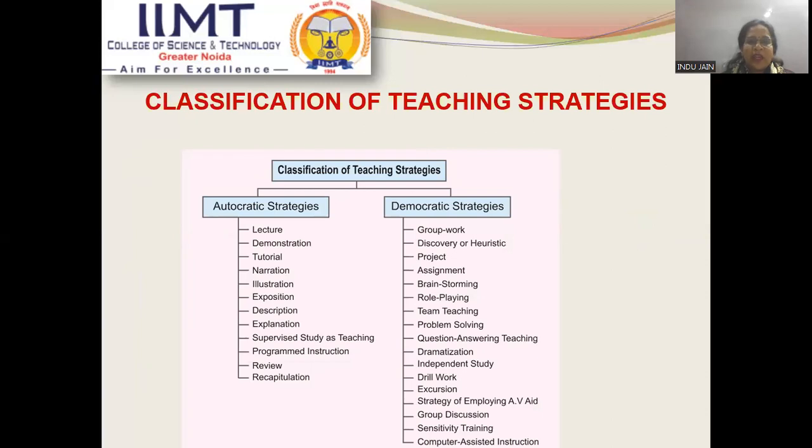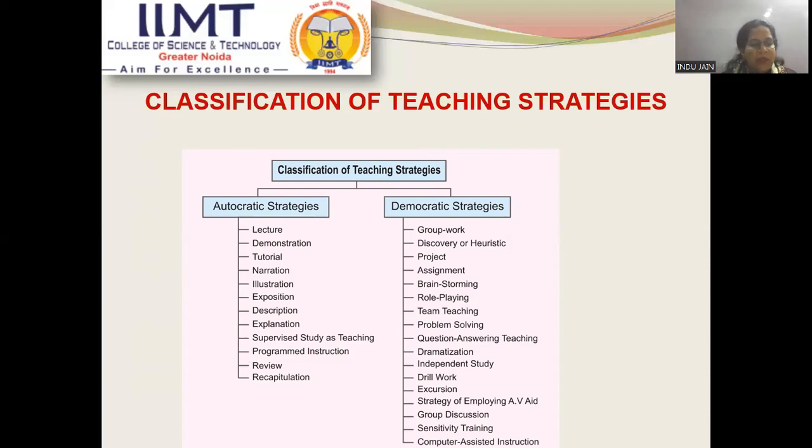This is a broad classification of the teaching strategies. There are two broad categories of teaching strategies. The first one is autocratic and the second one is democratic strategies. Autocratic strategies involve those teaching methods in which the teacher plays the primary role and the student the secondary. It means the teacher decides what material to present and how to present it.